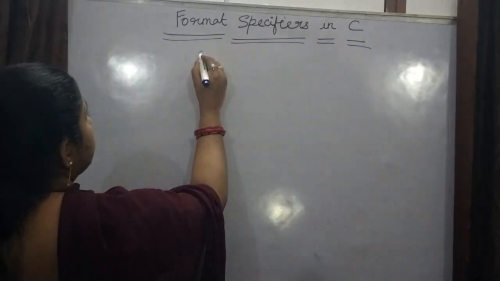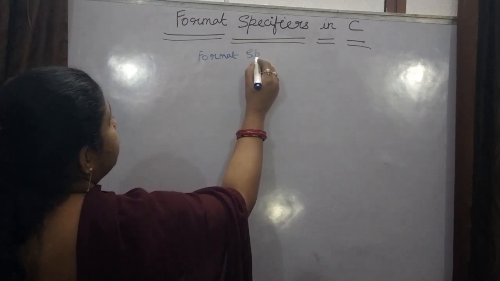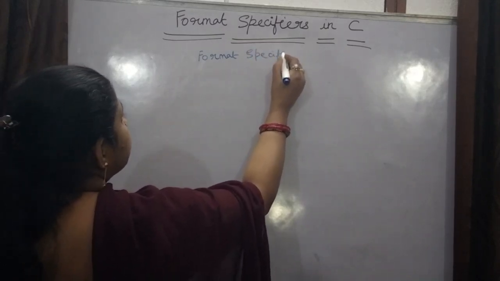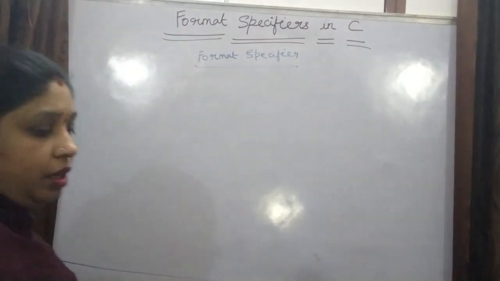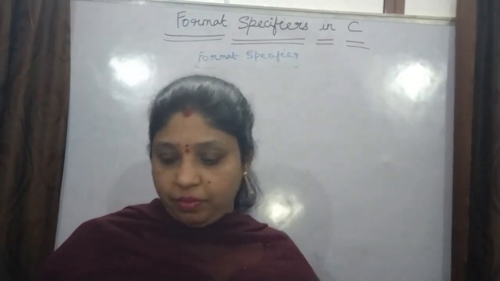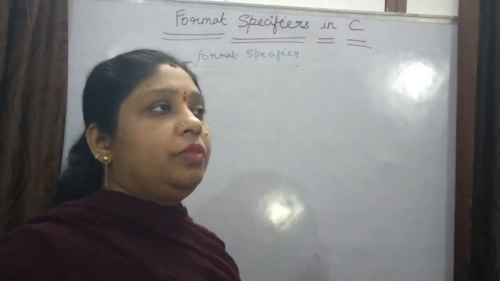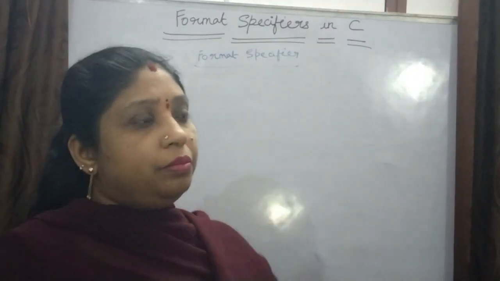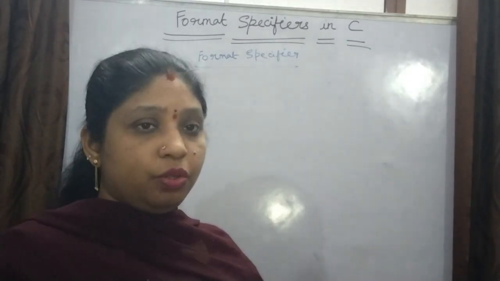Now, format specifiers. What is a format specifier? Now in our program, you are writing a program. When you are writing a program, you want to print something on the console.